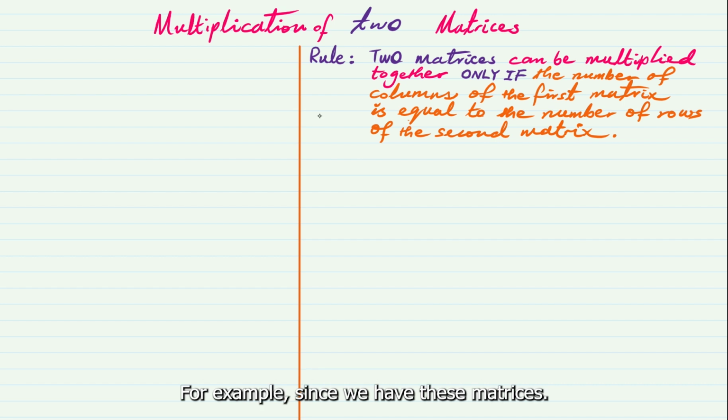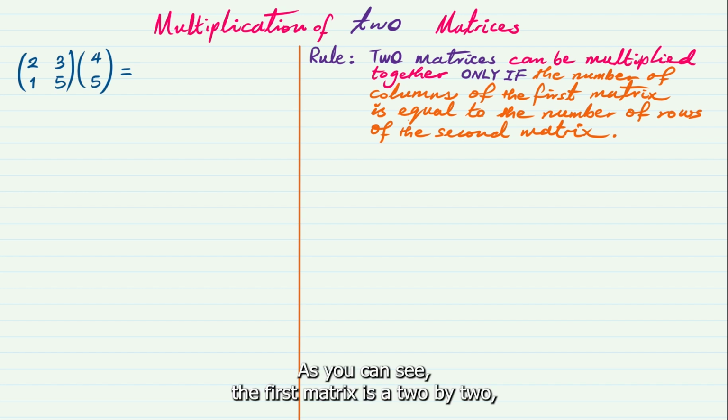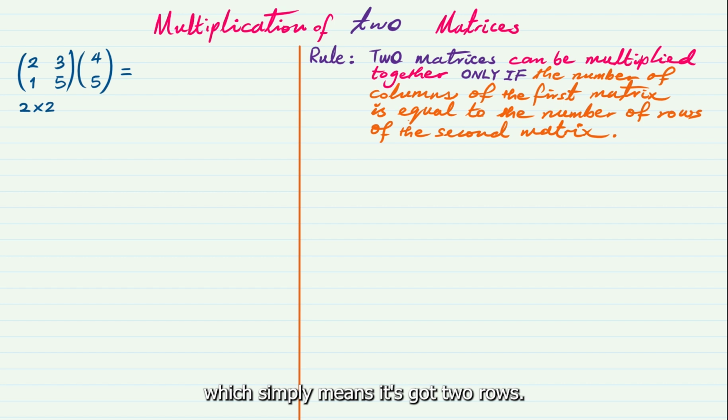For example, say we have these matrices. As you can see, the first matrix is a 2 by 2, which simply means it's got 2 rows, row 1, row 2, and then 2 columns, column 1, column 2.